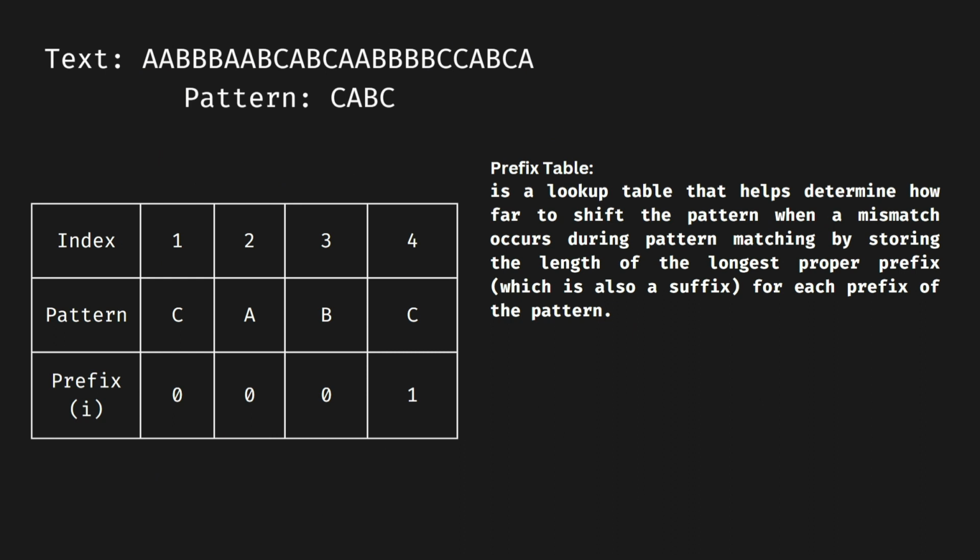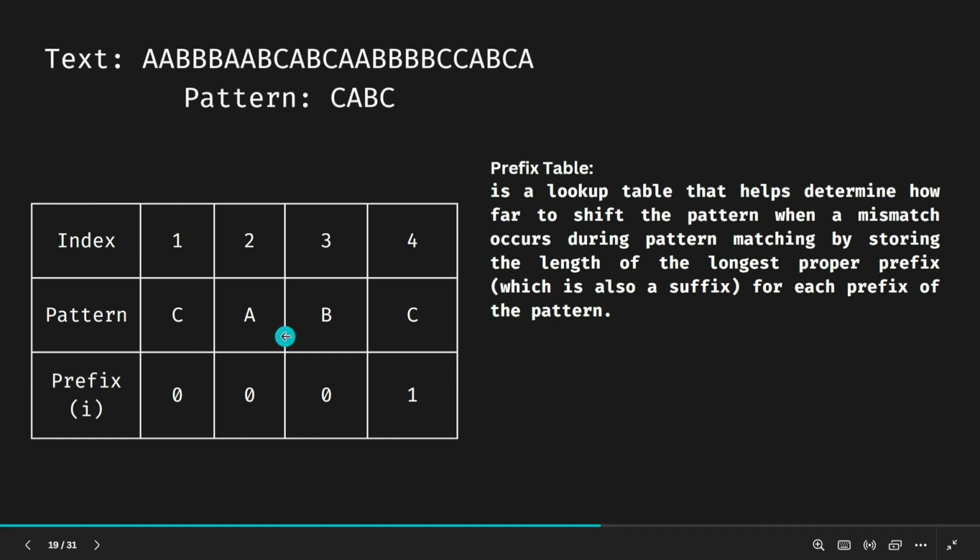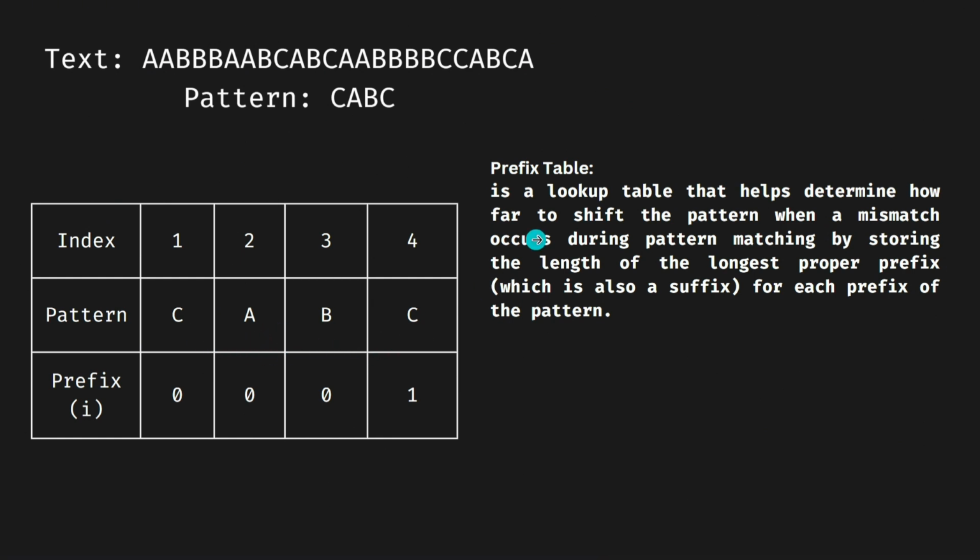Now for index 4, the longest proper prefix which is also a suffix is at the ending position, which is C, which has a length of 1, because it's the longest, and it's based from C to A to B and C.